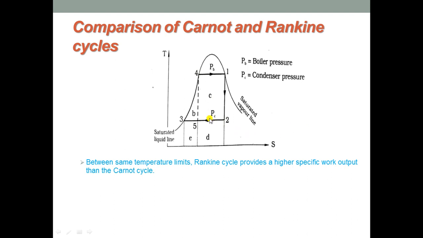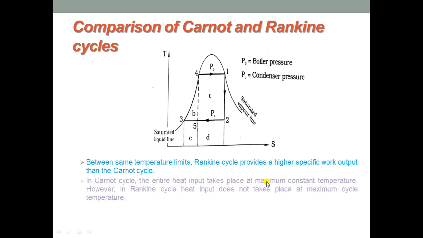If you measure the area 1, 2, 5 and 4, which is the area of the Carnot cycle, and the area 1, 2, 3, 4 and 1, which is the area of the Rankine cycle, which is a modified Carnot cycle, the specific work output is more for the Rankine cycle because the area is more. So, the net work output or the specific work output is more when compared to the Carnot cycle.